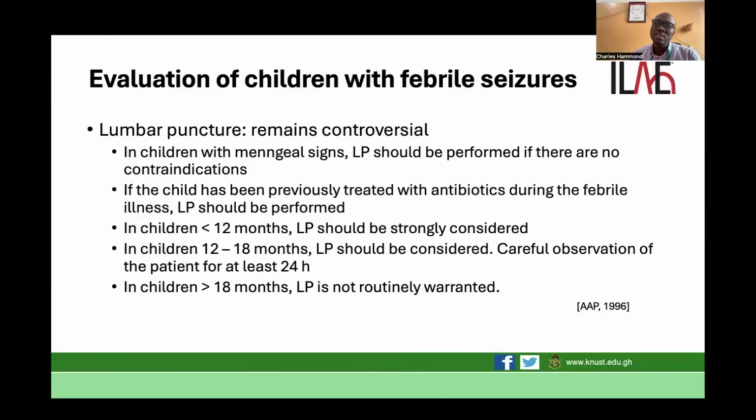This is because these young children, up to 12 months, up to 18 months, may not have clear meningeal signs. That is why you should consider the lumbar puncture. But for older children, beyond 18 months, the lumbar puncture is not routinely warranted, and you should consider it on an individual basis.